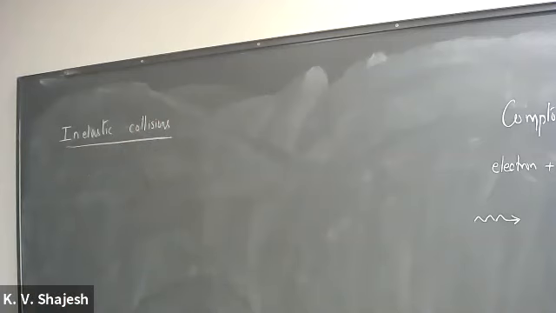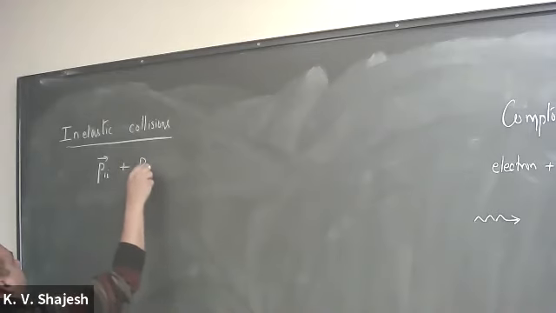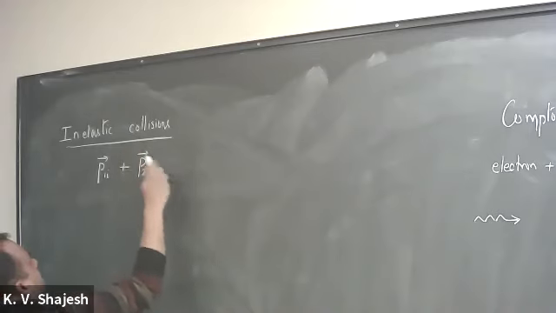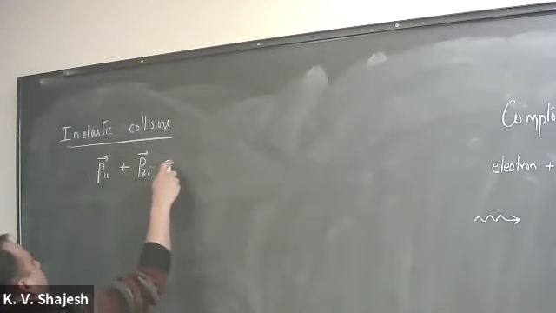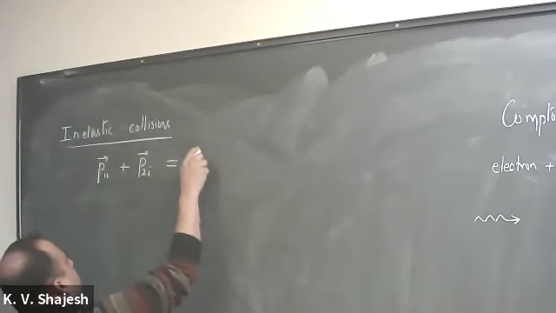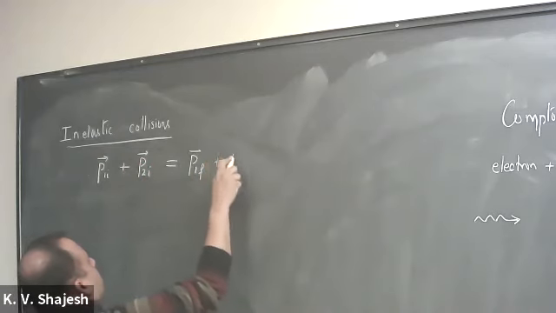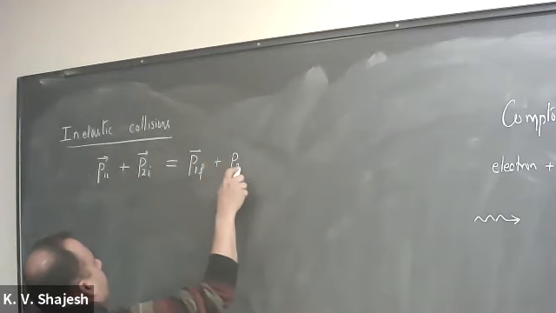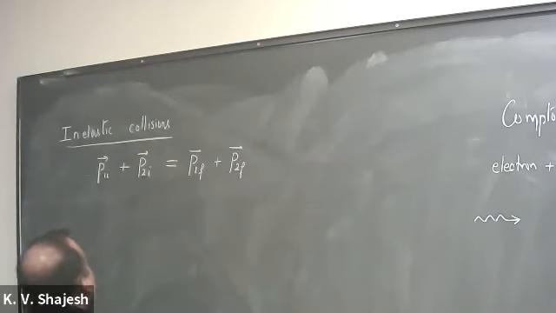If there are 2 particles, momentum is conserved, so momentum of 1 initial plus momentum of 2 initial, and there could be more such particles, equals momentum of the first particle after collision plus the momentum of the second particle after collision.